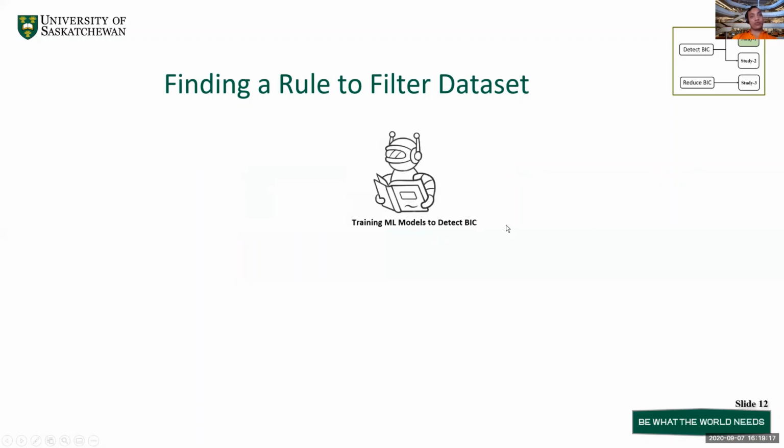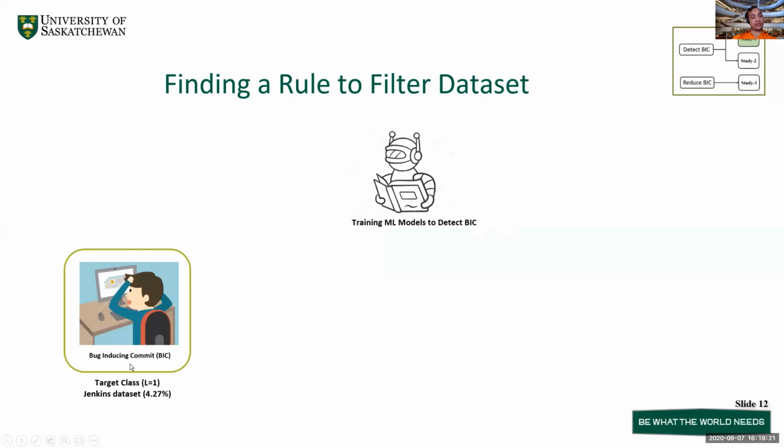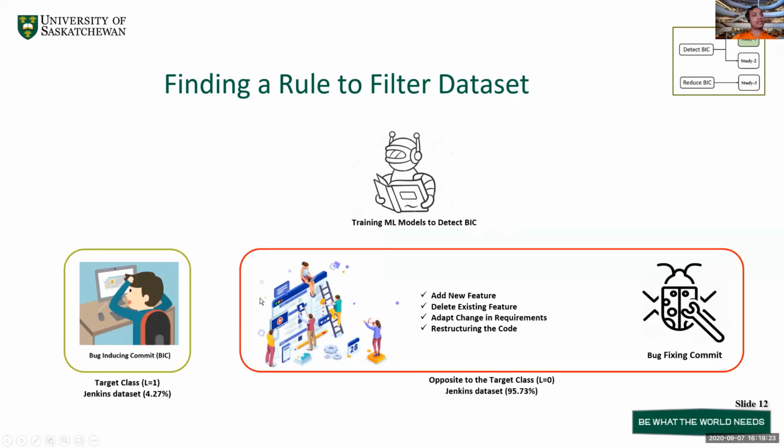So if we want to train a machine learning model to detect those bug-inducing commits, we need another set of data to provide to the model as negative examples. This data will be the positive example, and this data will be the negative example. Based on this data, the machine learning model will train itself to detect these examples from future commits.